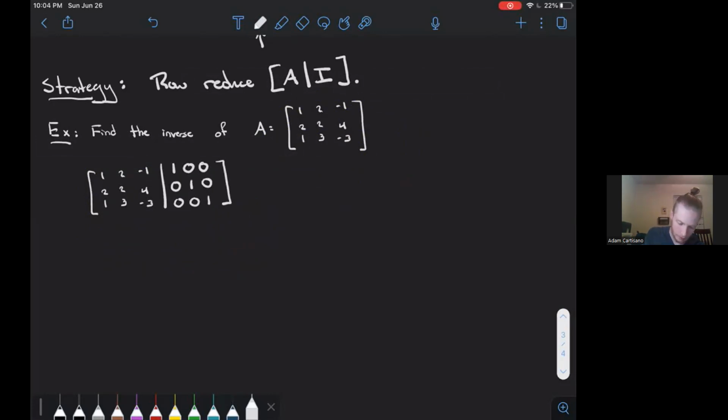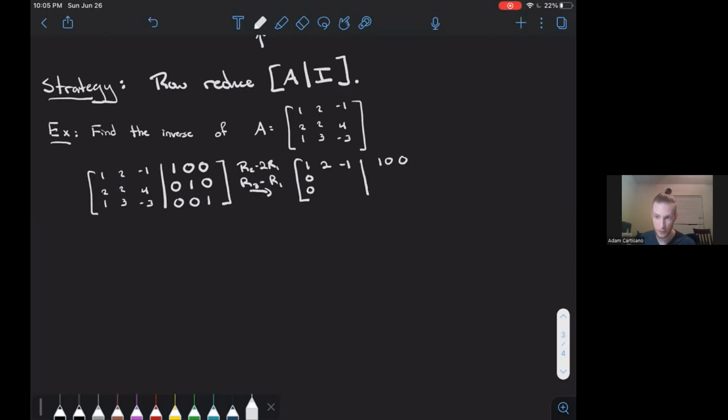The first thing that we'll do, I see a 1 here, so we'll pivot around that 1 and subtract. I'm going to do the first 2 row operations at the same time. We'll do row 2 minus 2 row 1 and row 3 minus 1 row 1. That will give us 1, 2, negative 1, 1, 0, 0.